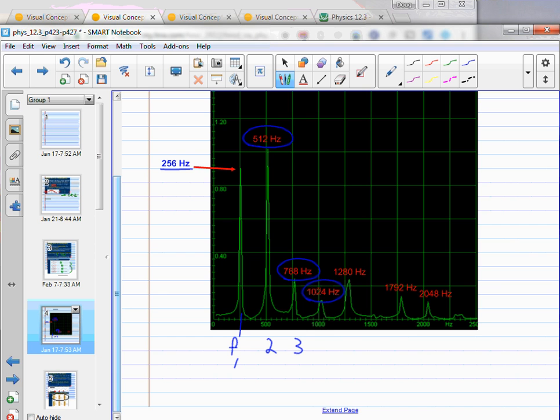The third, much less. The fourth, barely there. The fifth, a little bit more. The sixth seems to have disappeared. The seventh, etc. The eighth, and the ninth is kind of a mess down there. But you can see different intensities of a harmonic series that are present when a person sings one note, middle C.